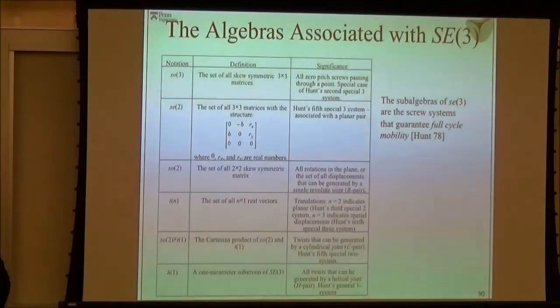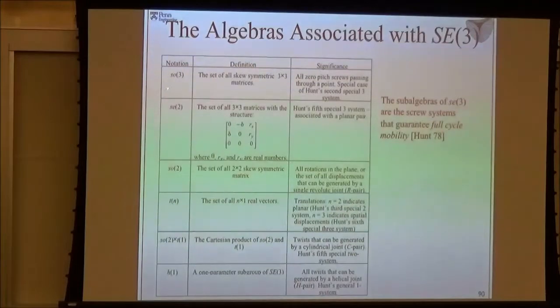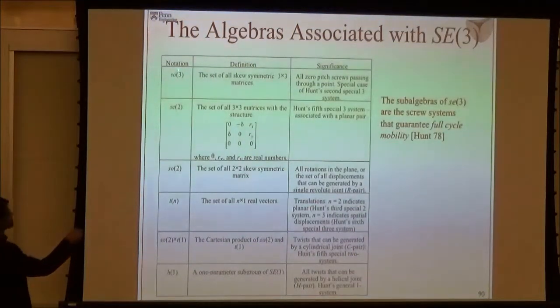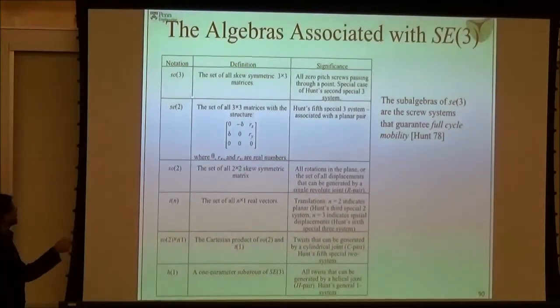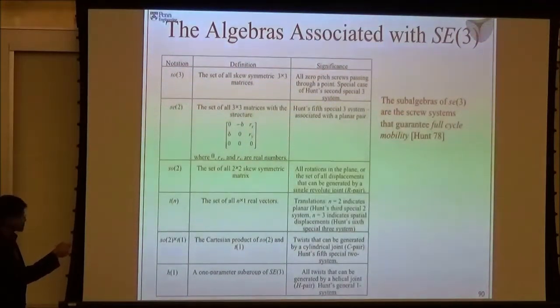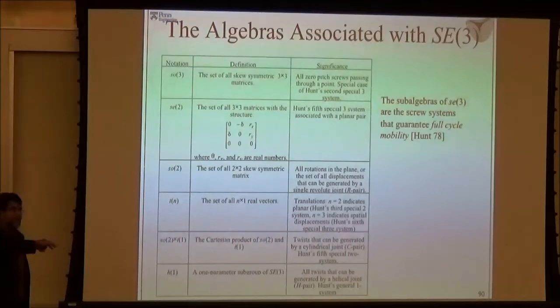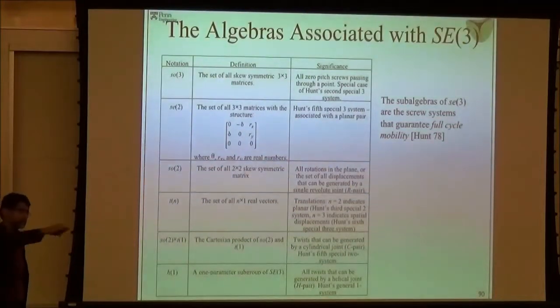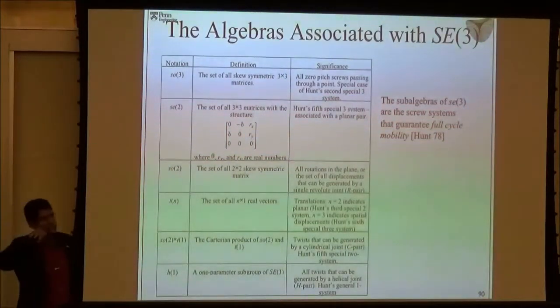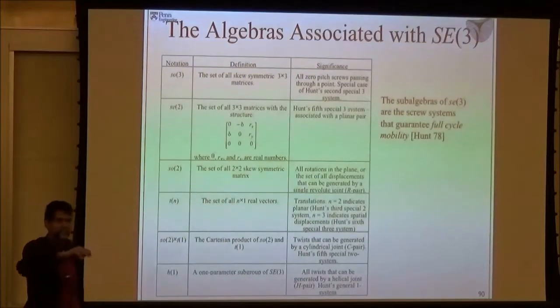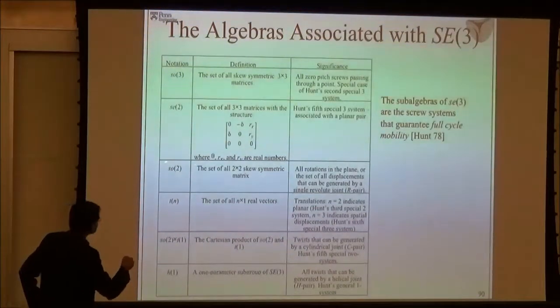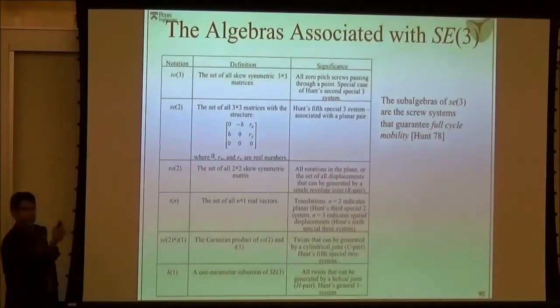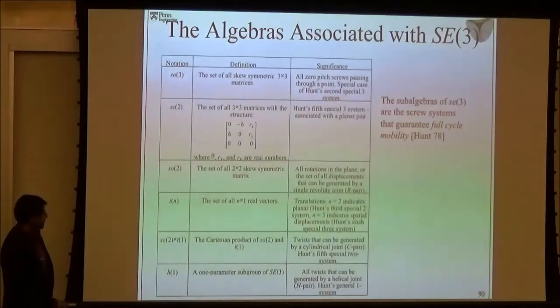So this subset consists of, for example, little so(3), the Lie algebra associated with the rotations, the translations and rotations associated with SE(2) in the plane. So again, just angular velocity about the vertical axis and the translation in the plane. This is the rotations about one axis.